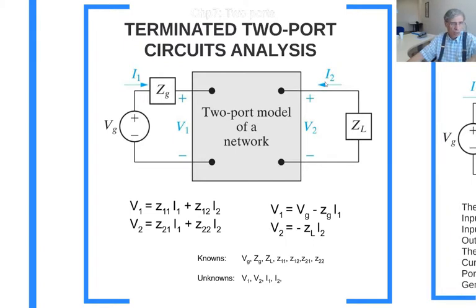That is the first aim. On the other hand, if we can calculate V1 and I1, the input port variables, and V2 and I2, the second port variables, we do need the V1, I1 values as well. Why is that?